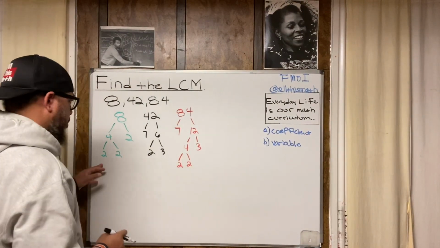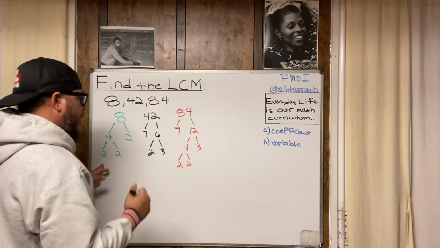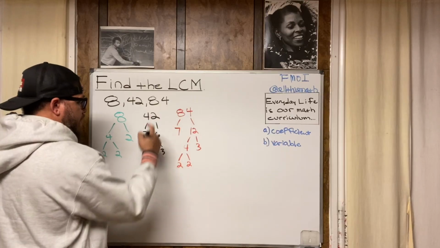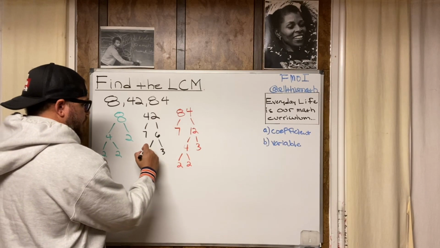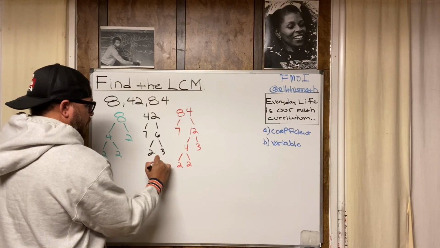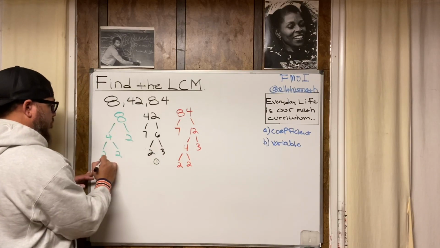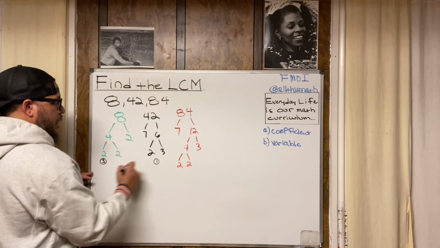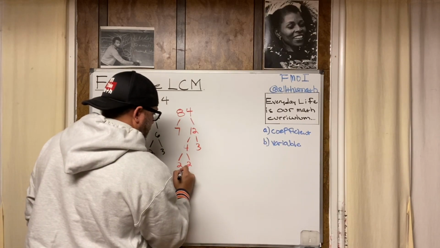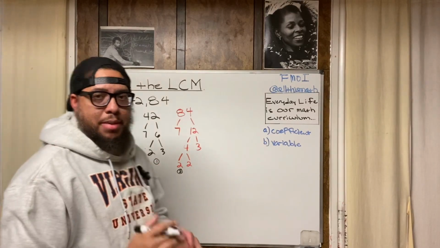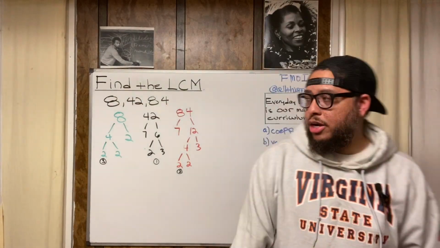Then you ask yourself, how many 2s does 42 have? 42 has one 2. 8 has 3 of them. How many 2s does 84 have? 2 of them.